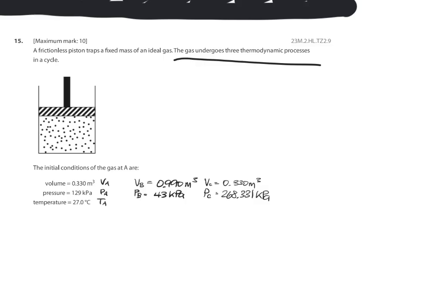Knowing those 2 guys there, I can get the temperature at C in Kelvin. Let's just do that here. Temperature at C. Oh, poo. They didn't tell me the number of moles, did they? How am I supposed to do PV equals nRT without that?